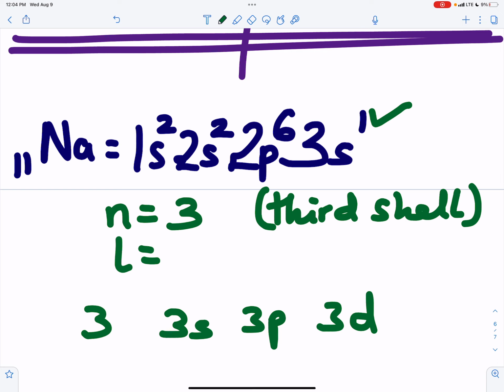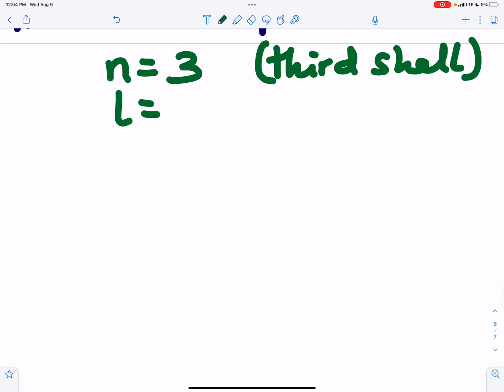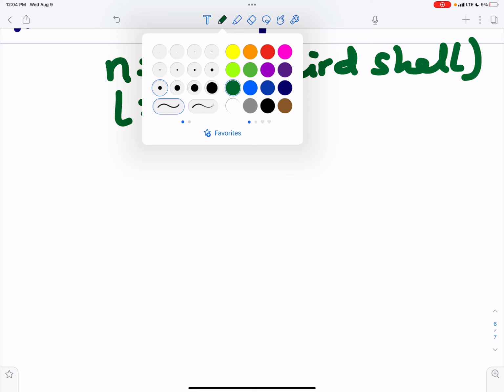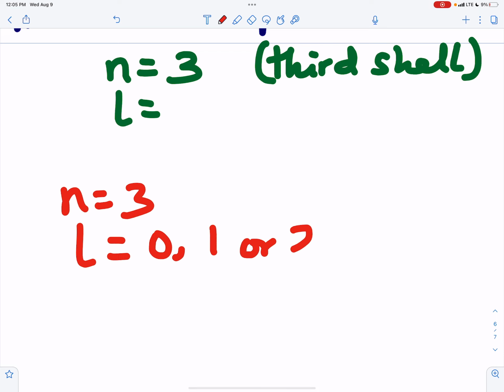I said before that when n is 3, the possible values of L are 0, 1, and 2.